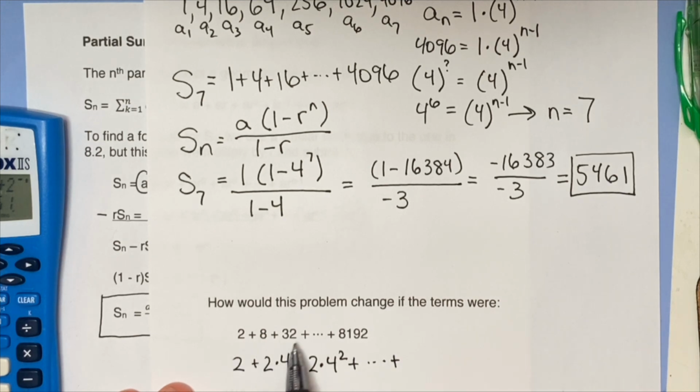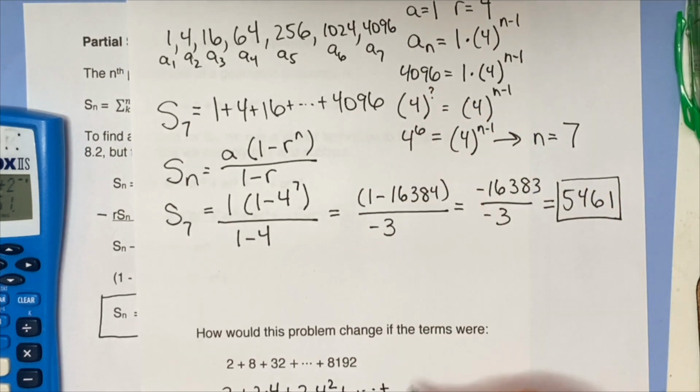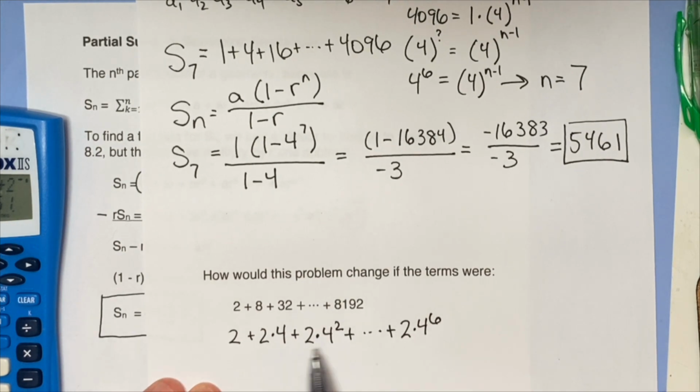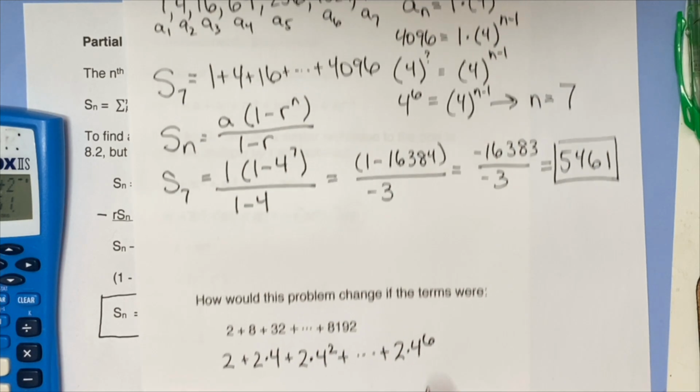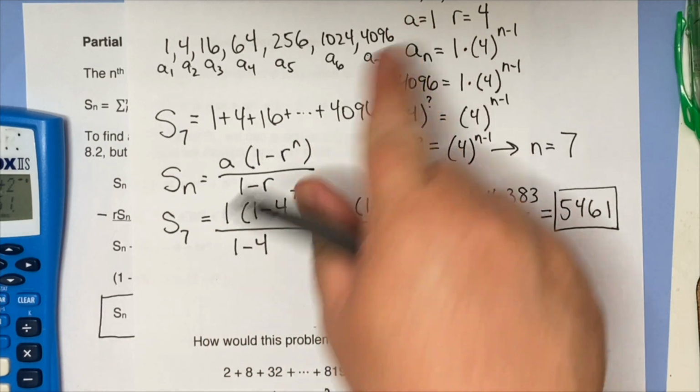Each one is twice as big, and 8192 is 2 times 4096. So what have I done? I've multiplied every term by 2 instead of each term just having a equals 1.